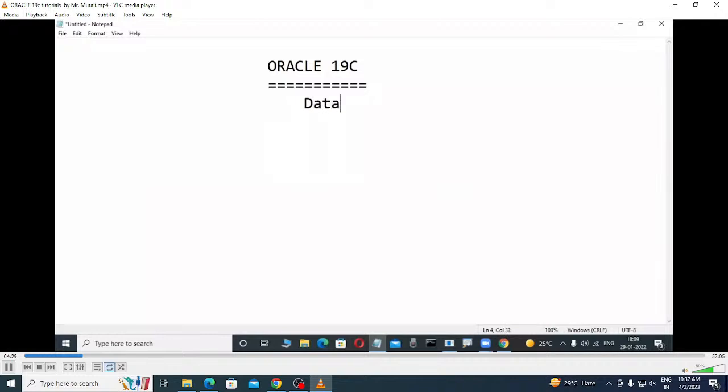Database. Don't write anything, just observe here. But what is the purpose of these database products, everyone knows. Whenever we install these database products in our system or in a company, what is the main purpose?